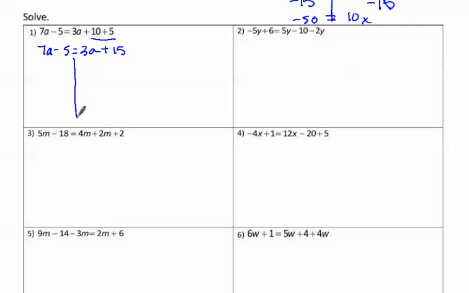Now it's a multi-step equation where I can move my variables. Subtract 3a, subtract 3a. 4a minus 5 equals 15. I have a two-step equation. Move your constant first. 4a equals 20. Divide each side by 4. You get a equals 5.